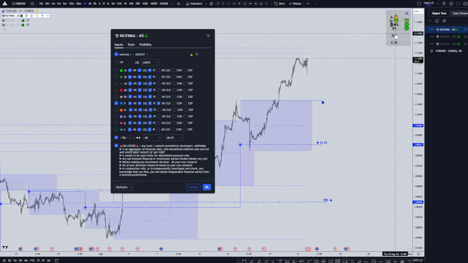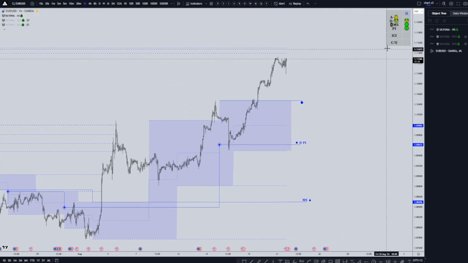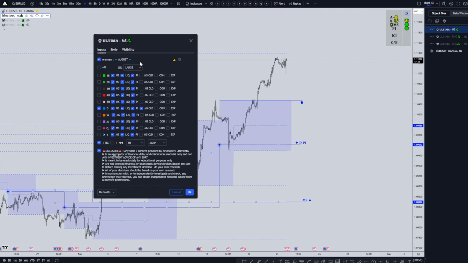Before we had range as well, but now that we have range and market structure separated, it will show the condition of market structure, the condition of power index, and where exactly we are in case of accumulation or distribution, right? So if we go again through this, this basically enables, disables the table.